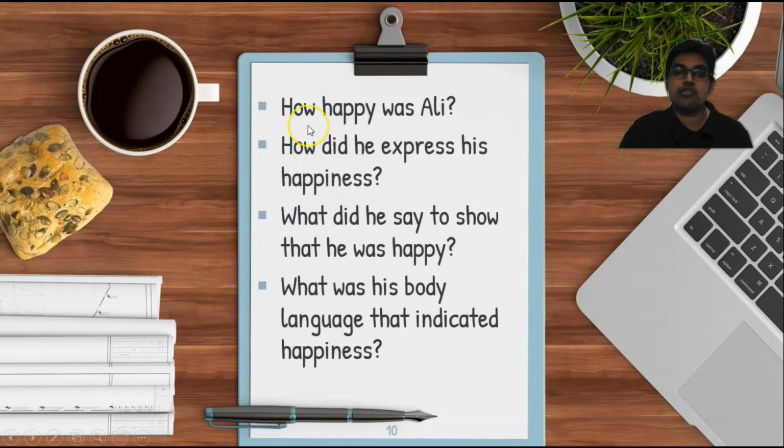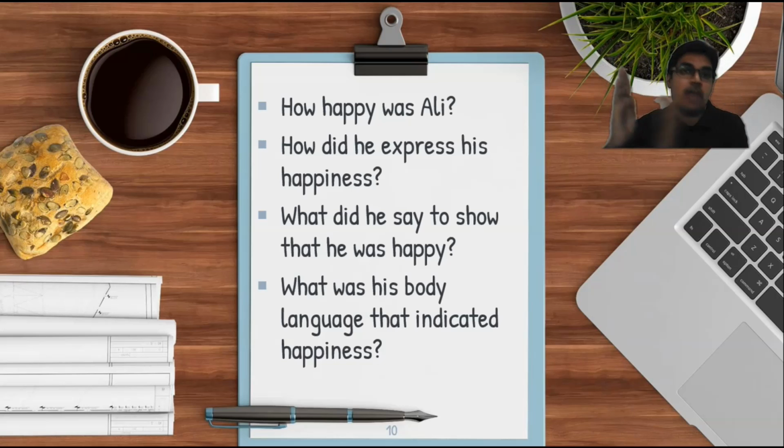The first question, how happy was Ali? When I say how happy was Ali, some of you might say very happy, extremely happy. Now, what are the ways to show that level of happiness? If you see happiness, I'm showing you this: a low level of happiness, and it reaches the highest level of happiness. When you reach the pinnacle of happiness here, what words or phrases can you use to show that you are at the height of happiness?